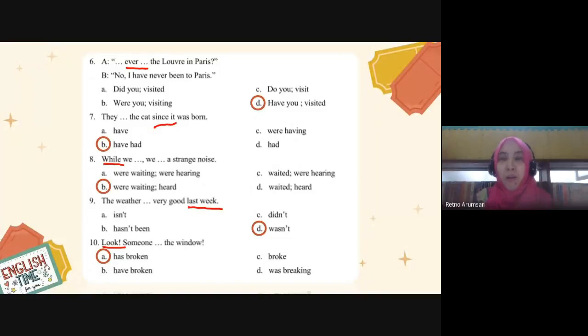But now you are very surprised to see that the window is broken. So you say, "Look, someone has broken the window," like that. Okay, 6C? Okay, thank you, Nara.